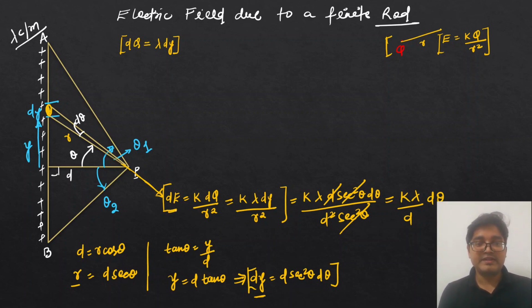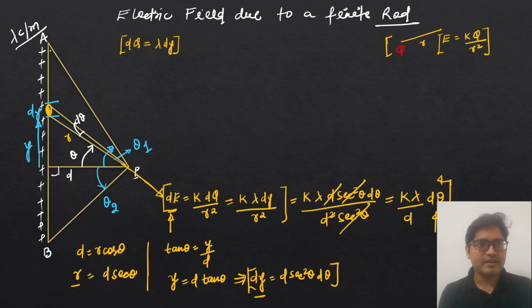So the value of dE is now converted into a single variable. Now dE is a function of theta only. See, k is constant, lambda is constant, and d, the perpendicular distance of this point from this wire, will remain constant, which is d here.